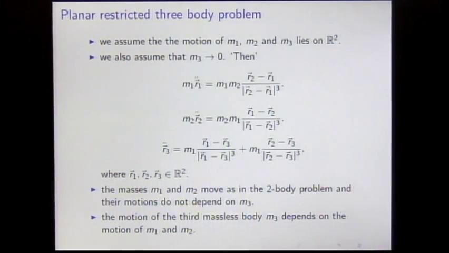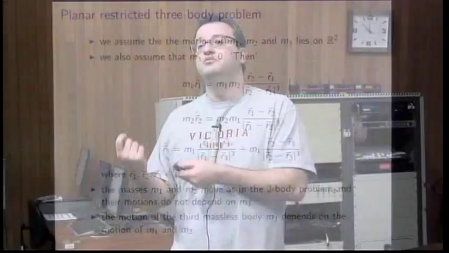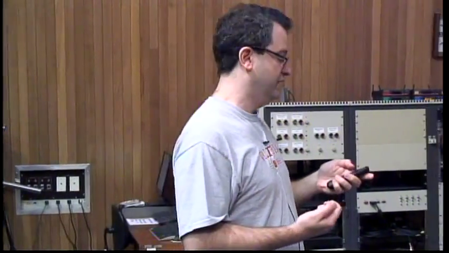The third body does not influence the first two anymore, and we could just solve this equation. It's not so difficult there. The conics. So in this restricted three-body problem, we prescribe the motion of the first two bodies, and then the problem is to understand the motion of the third body.